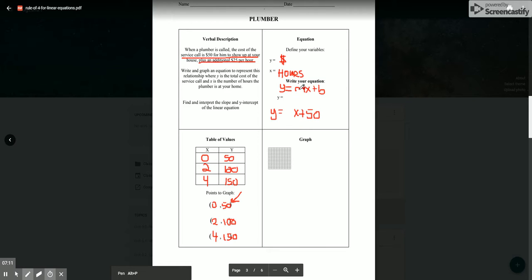And to get our m, our rate of change, our slope, we just need to find out how we're changing over time here. And so each time we go up by 2 hours, we're going up by $50.